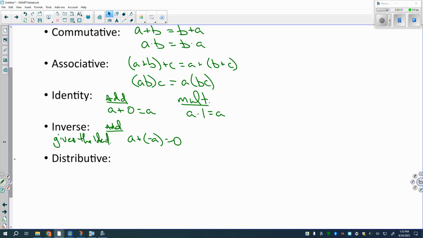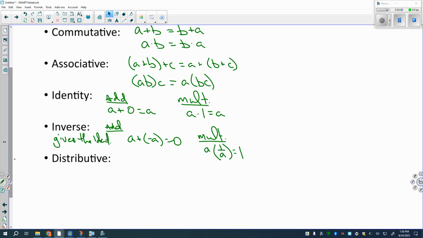So the inverse is the negative of the number. For the multiplicative, it's A times 1 over A equals 1. It's the reciprocal. So it's what do you take times the number to get the identity? Or what do you take and add to the number to get the identity?